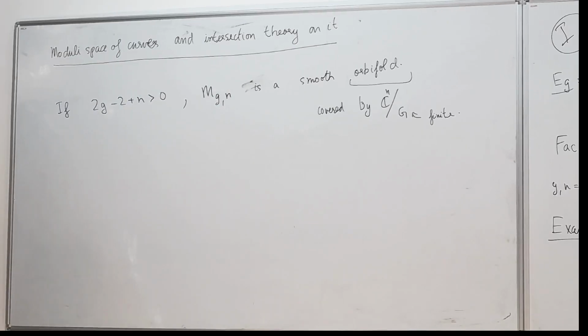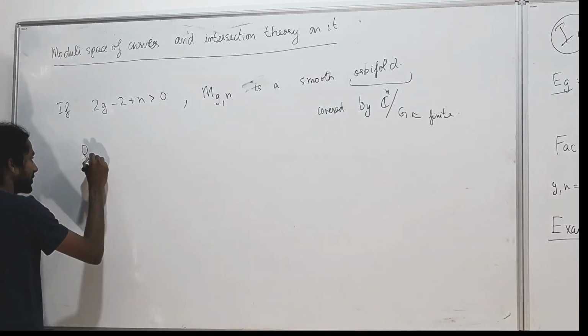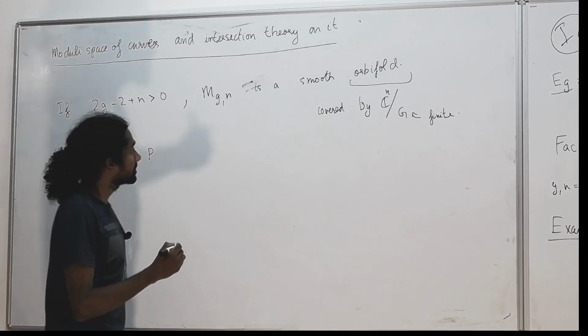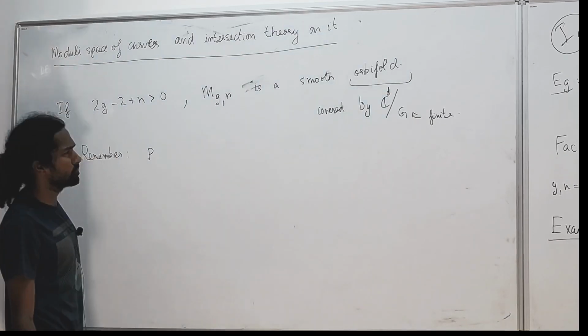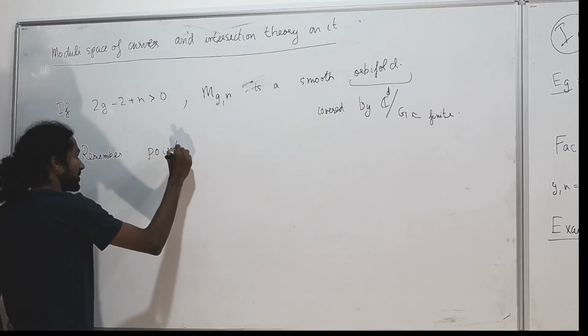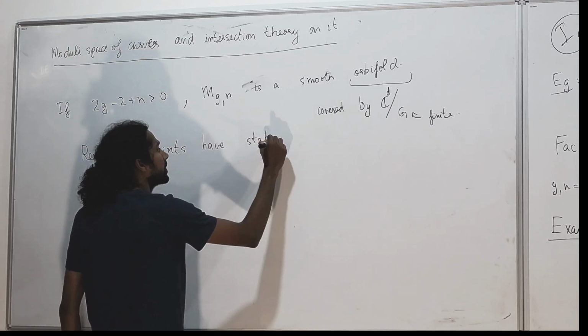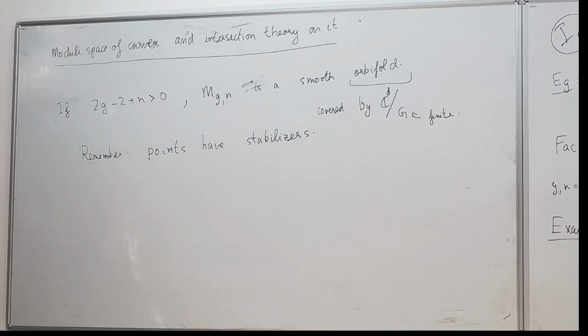So pretend that you're in a manifold, but remember that points have automorphisms, and points with automorphisms have stabilizers. Good. Okay, so now let's look at some examples.